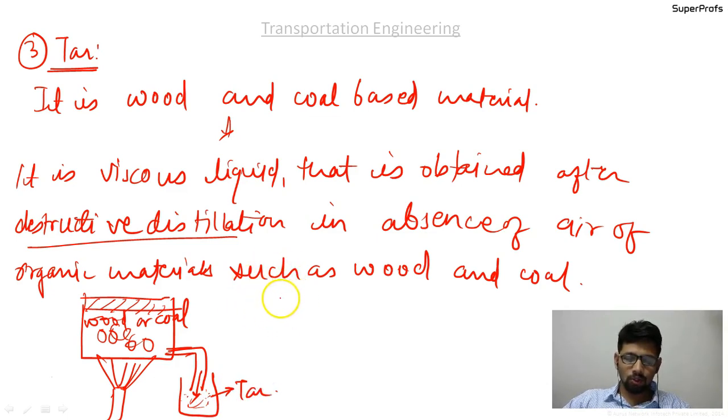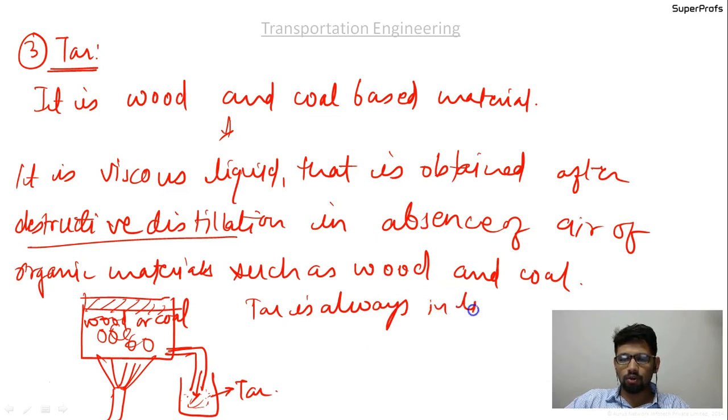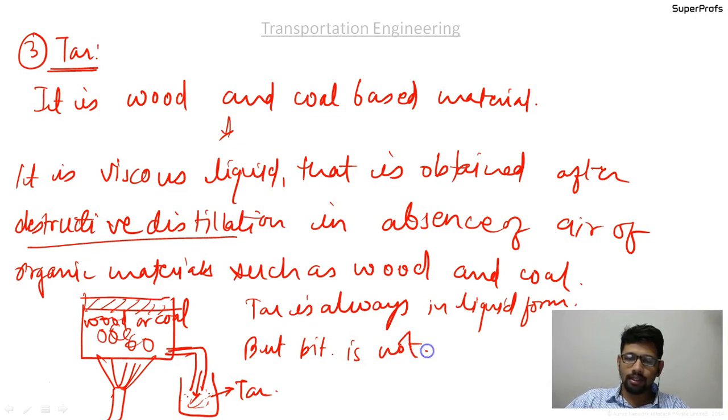So tar is always in liquid form irrespective of temperature, but bitumen is not. You change the temperature and you will get different states of bitumen.